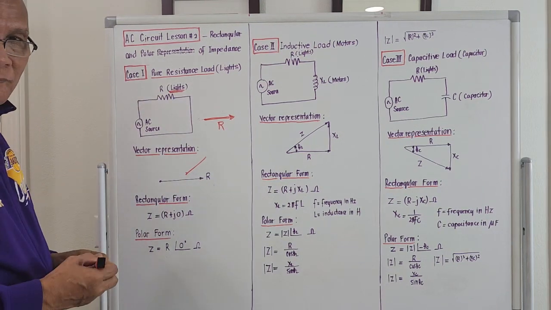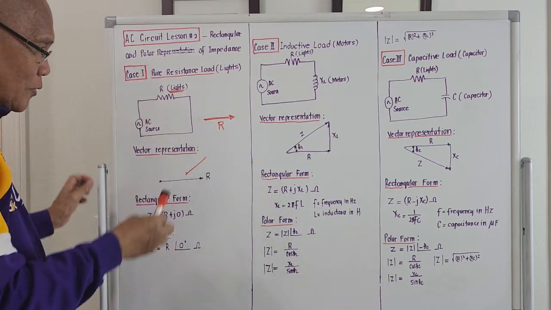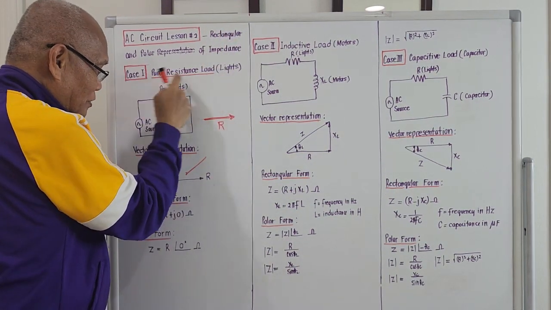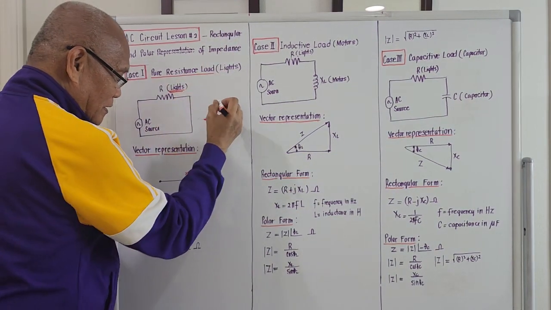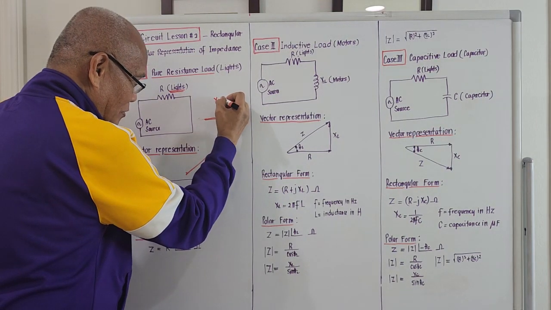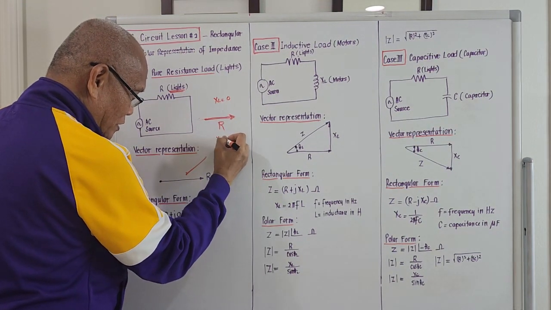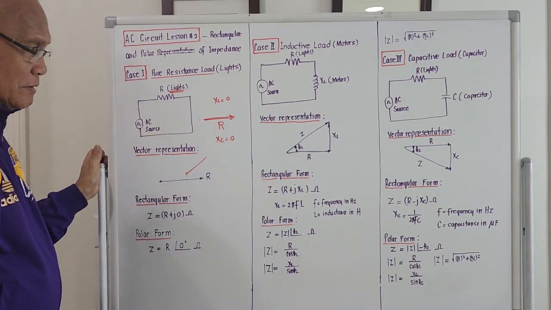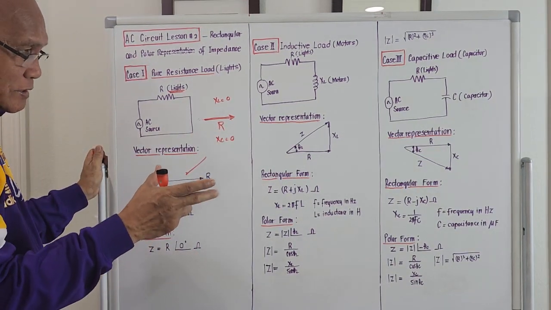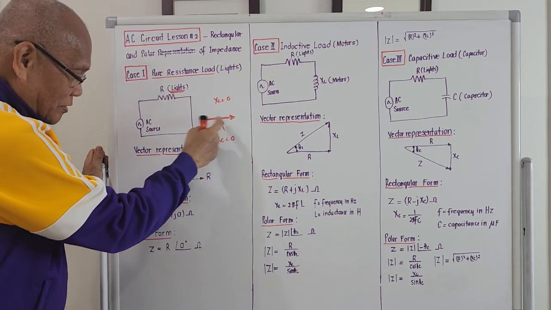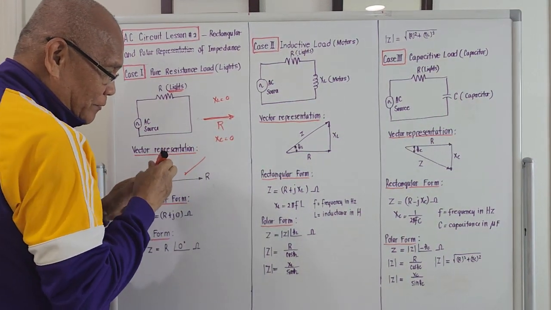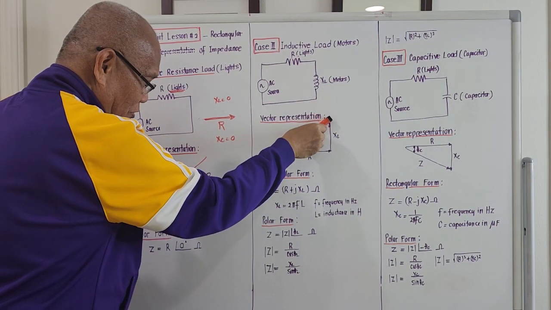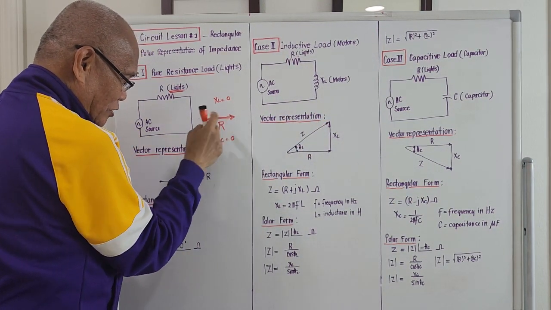It has no vertical component. The upward component and the downward component for a pure resistance load are zero, meaning X of L is 0, X of C is 0. The resulting triangle will simply be a straight line because it has no vertical component, so what comes out is a horizontal line.